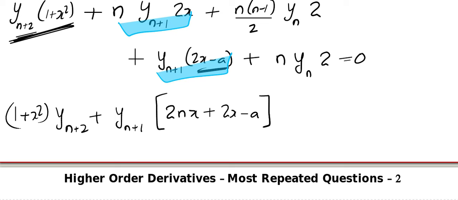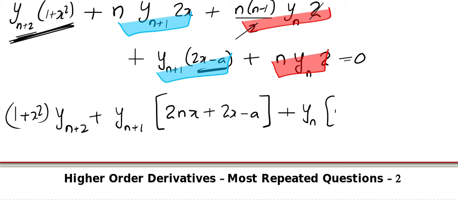And now the remaining part is yn. Mark it with red, only 2 terms, and this 2 is going to get cancelled. So yn times n square minus n plus n into 2 is also there, so is equal to 0. So this is going to be n square plus n. You can simplify the rest. So let's go for the next question.